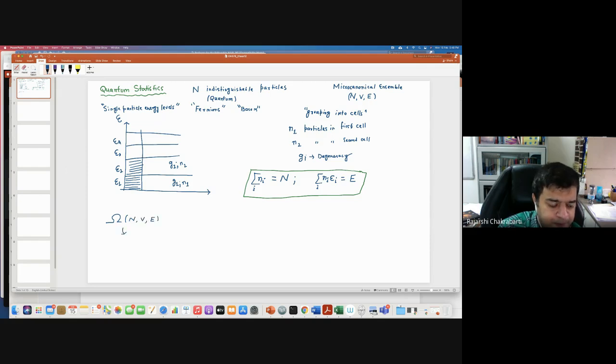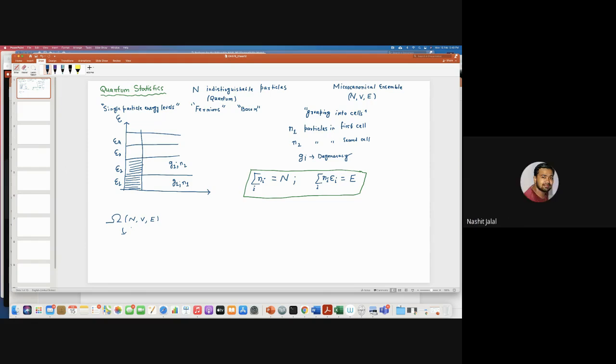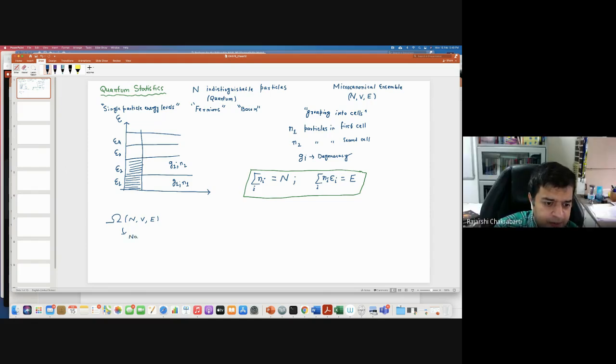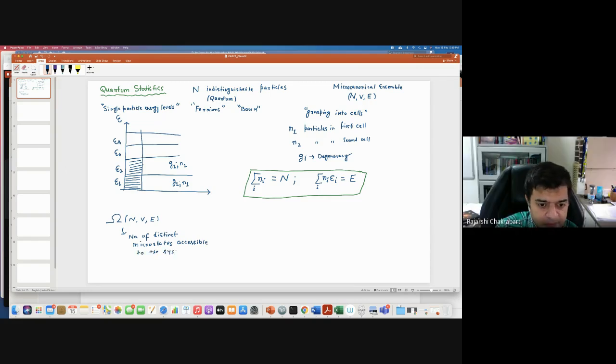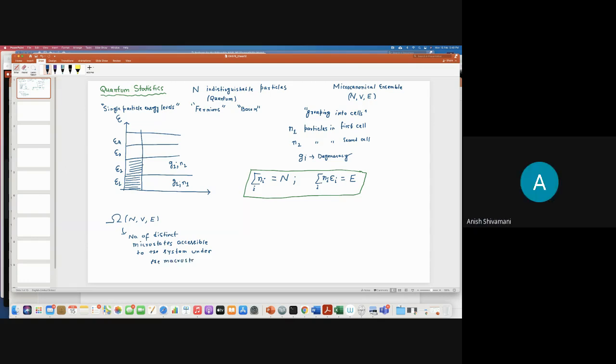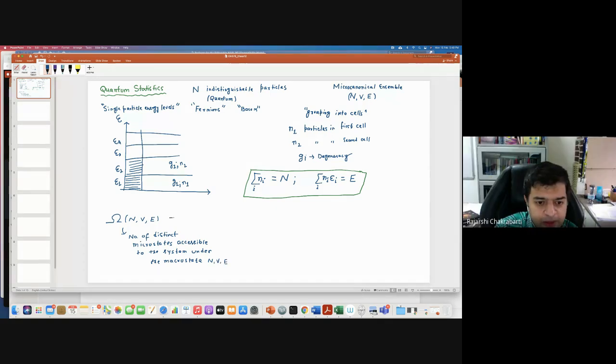If I write in words, it is the microcanonical partition function, the number of distinct microstates accessible to the system under the macrostate. What is the macrostate here? N, V, E.